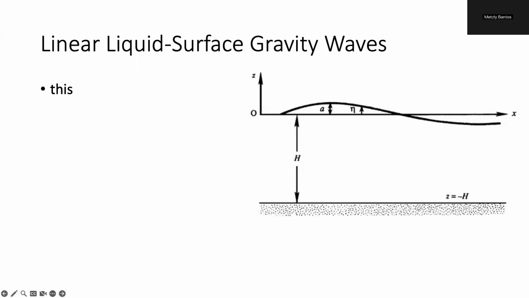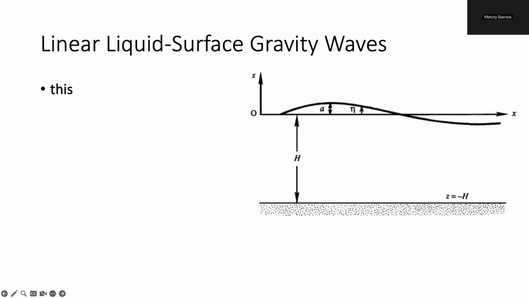If the vorticity is 0, then I can define a velocity potential, phi of x, z, comma, t, which defines u and w.